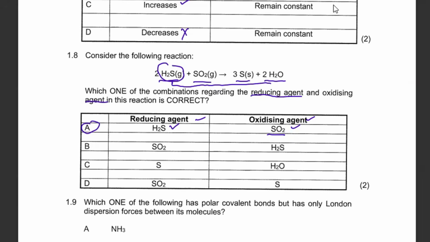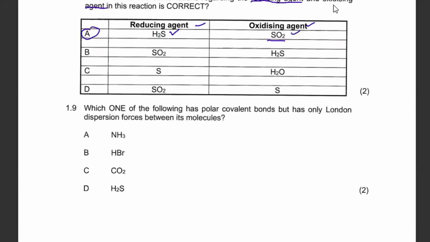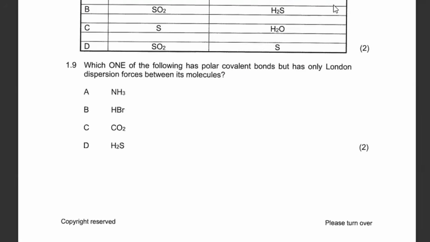Then 1.9 says, which one of the following has a polar covalent bond but has only London dispersion forces between its molecules? So if you look at option 1, NH3, remember we talked about FON, where we have hydrogen bonds.